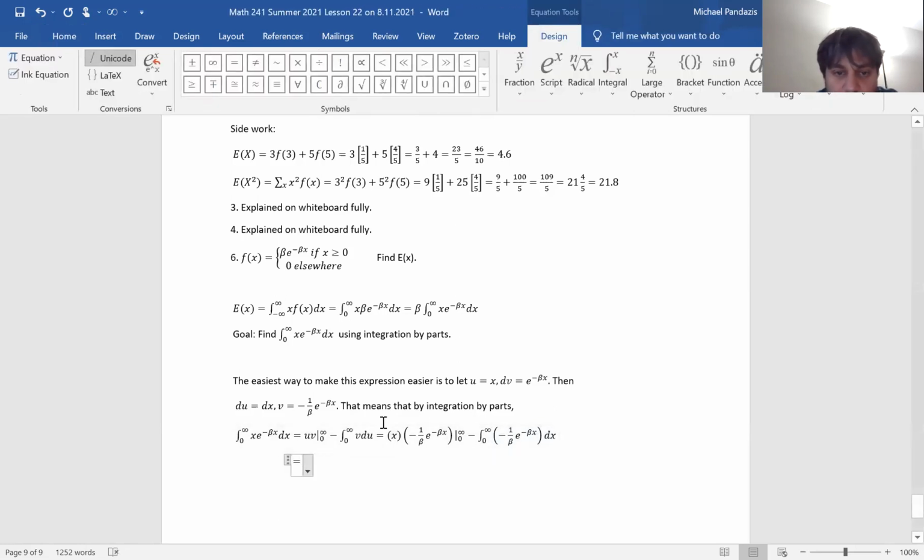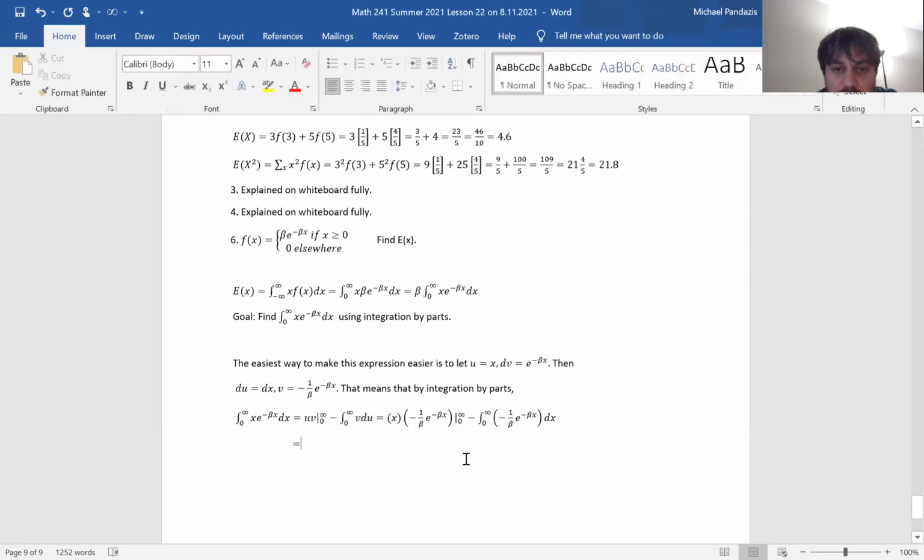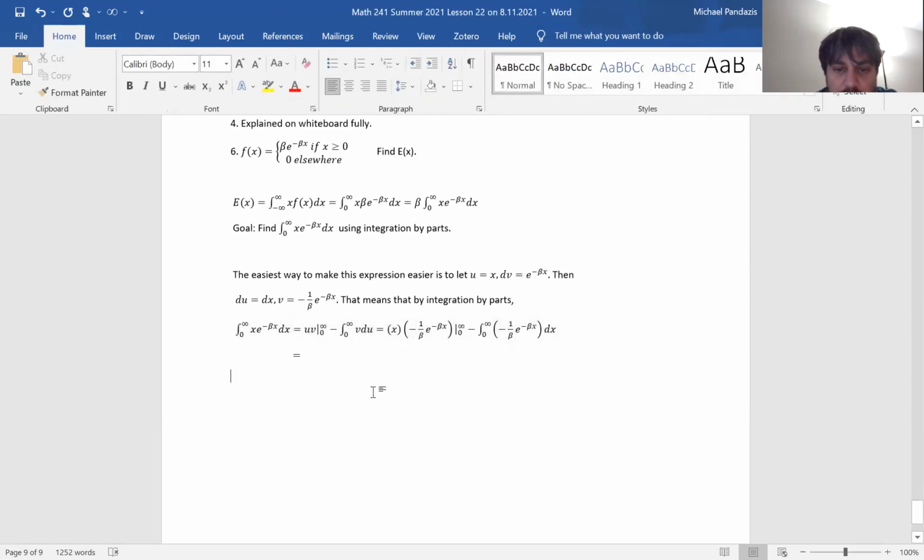And so then this is equal to, so these are for x values. So when x is infinity, let's look at this expression.